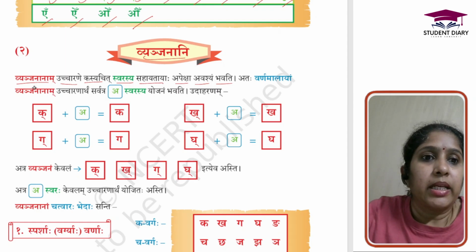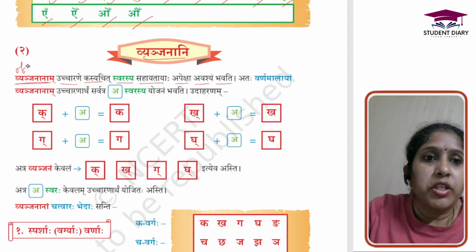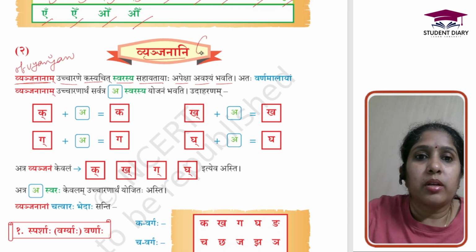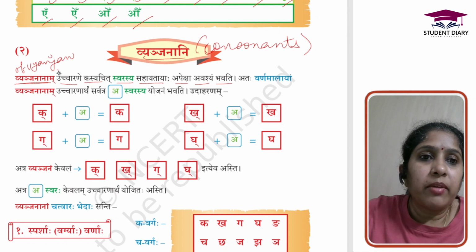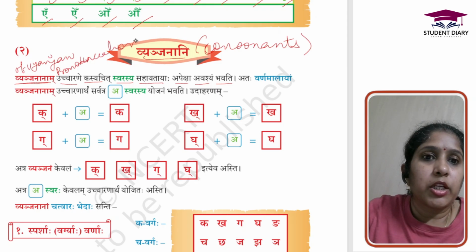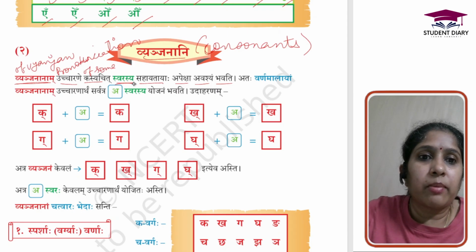Okay, so let's see. Vyanjana nam means of vyanjan, and vyanjan are basically the consonants we are talking about. I hope everyone remembers I told you in the starting. So of vyanjan, uchcharane means pronunciation. Kasyachit means of some. Swarasya means of vowel.